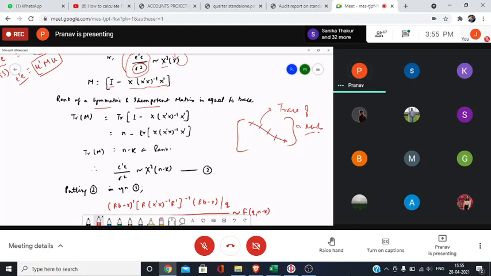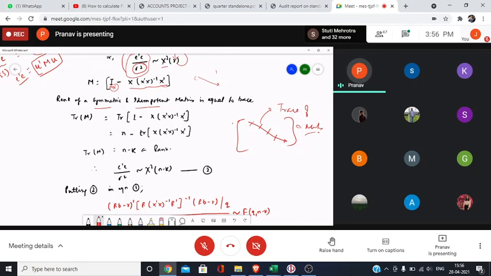ठीक है. अब क्या है? सो ये मेरा M क्या है? M is identity minus this. Identity here is N. That is the identity matrix is of dimension N. And अगर आप इसको ब्रेक करोगे, so इसका जो dimension आता है वो आता है K. That is, the trace of this matrix will be K. So trace of identity minus trace of this portion.